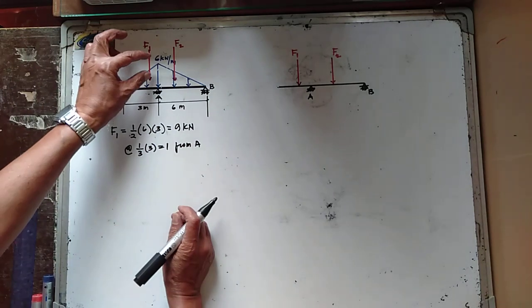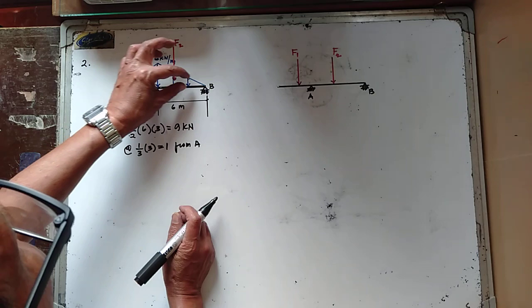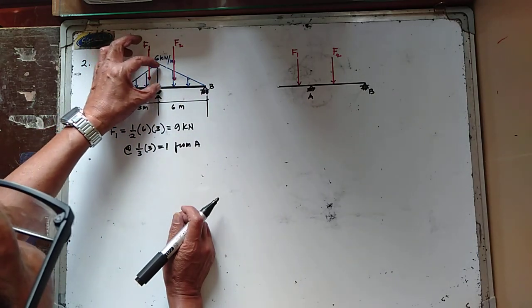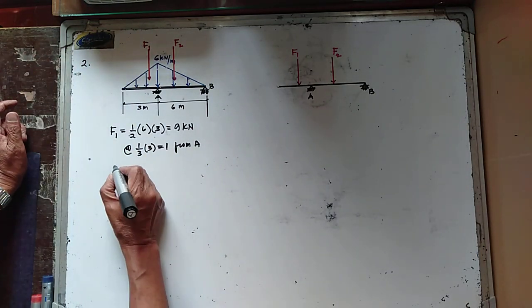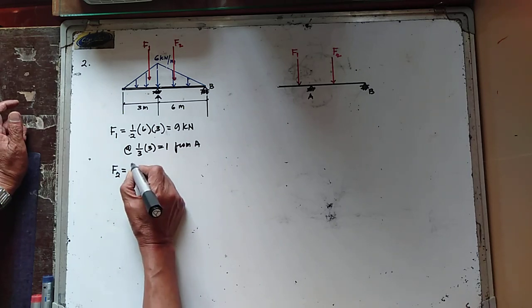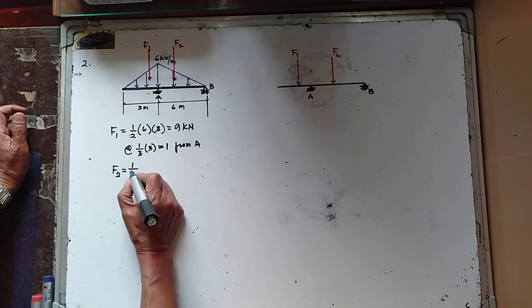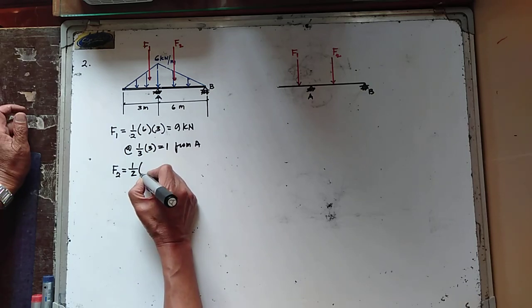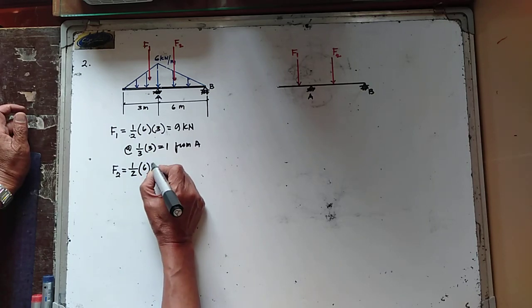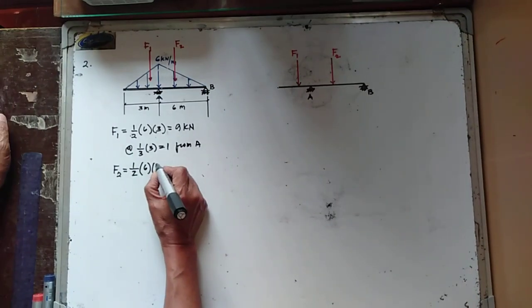Now, the second distributed loading or uniformly varying loading, so we still have a triangular loading, that is now your F2, and that is equal to the area of the load diagram, and this is 1/2 of 6 multiply this one by 6.